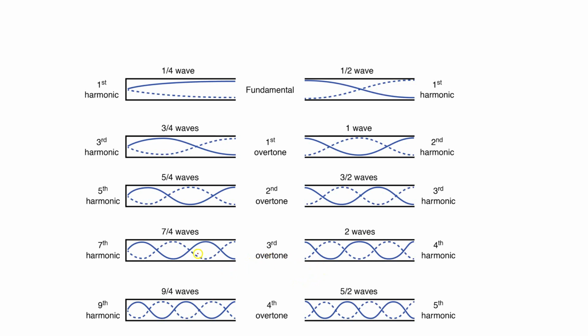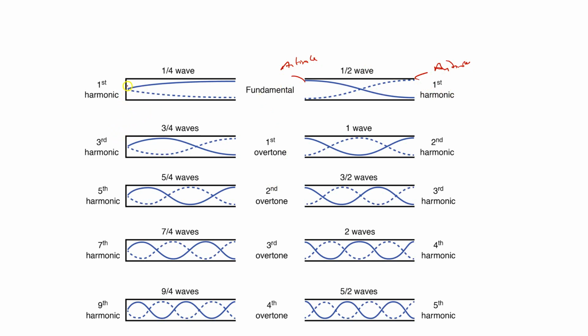These are some other examples of what is taking place within an air column. As I said, you can have both ends open for an air column. This would be how it looks when you have the first harmonic. Clearly, you would have an antinode here at the open end, and another antinode here at the open end.